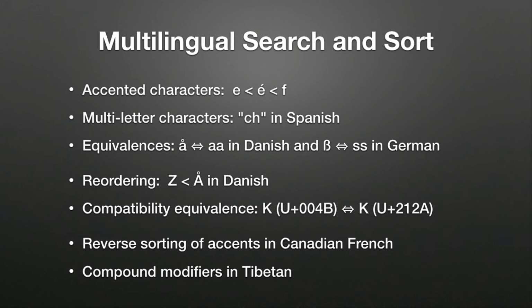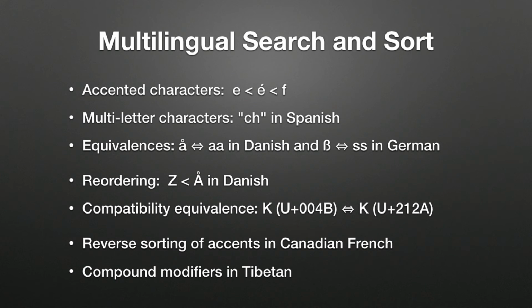So it has to be sorted as such. In German and Danish, you have sequences of characters that are equivalent to single characters, right? So they're identical. Reordering: in Danish, they thought it was a good idea to sort A with a ring after the Z instead of after another A, right? It's just convention.